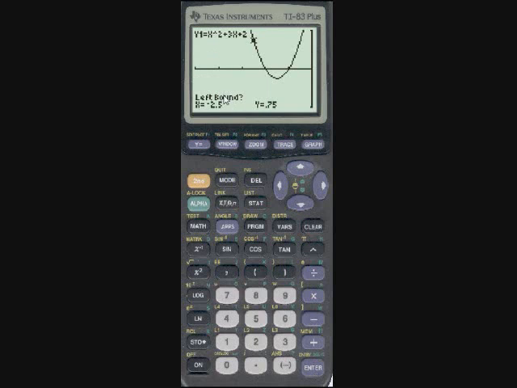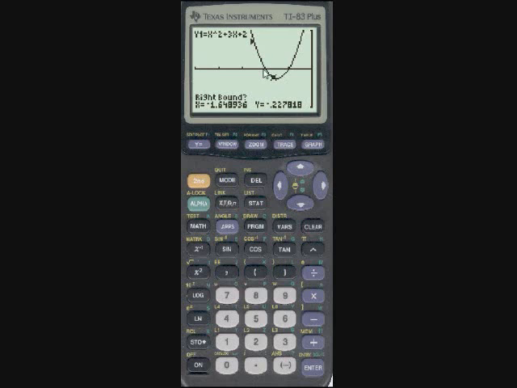And then it says left bound. That means that I want to be on the left hand side of where it crosses the x-axis. So you see right here, if I were to draw this little line down here, I'm on the left hand side right now, somewhere on the left hand side. So I hit enter. I move on down this way because now it wants the right bound.